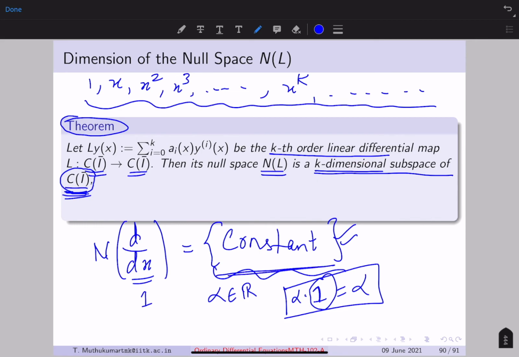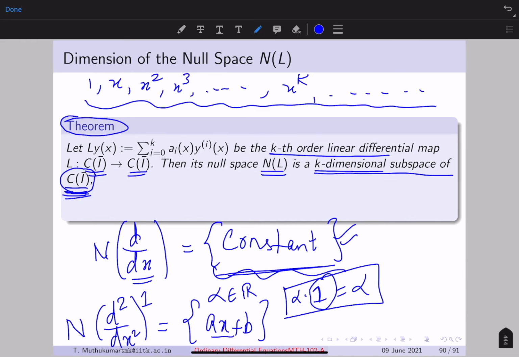Another example we saw was the null space of the second order operator. This was all functions of the form ax plus b, where a and b can be any real number. This is a linear combination of 1 and x, and 1, x are a linearly independent set.